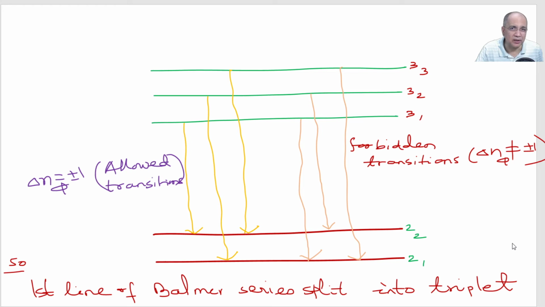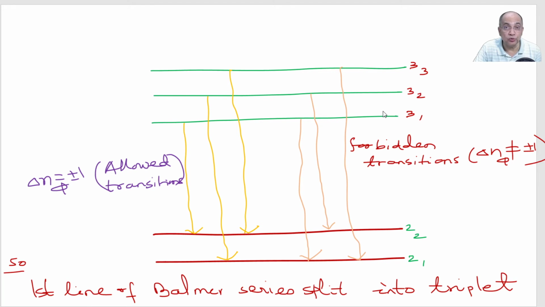So altogether there are 6 possibilities. So in the presence of an external field, there will be 3 sub-energy levels for the third shell and 2 sub-energy levels for the second shell.